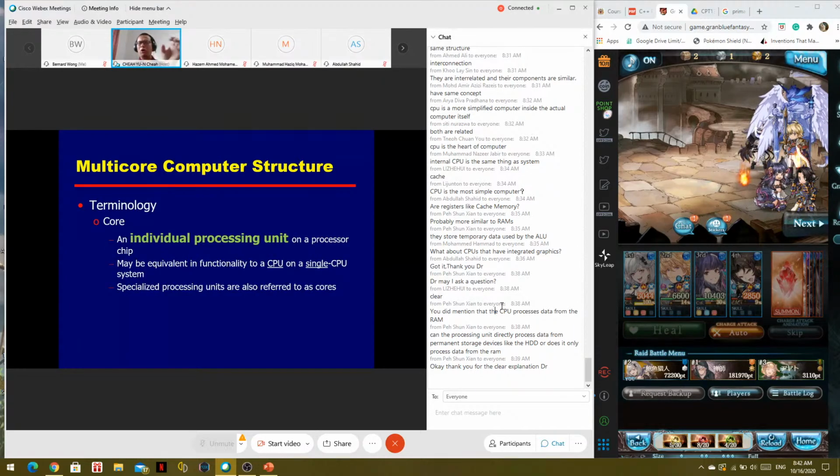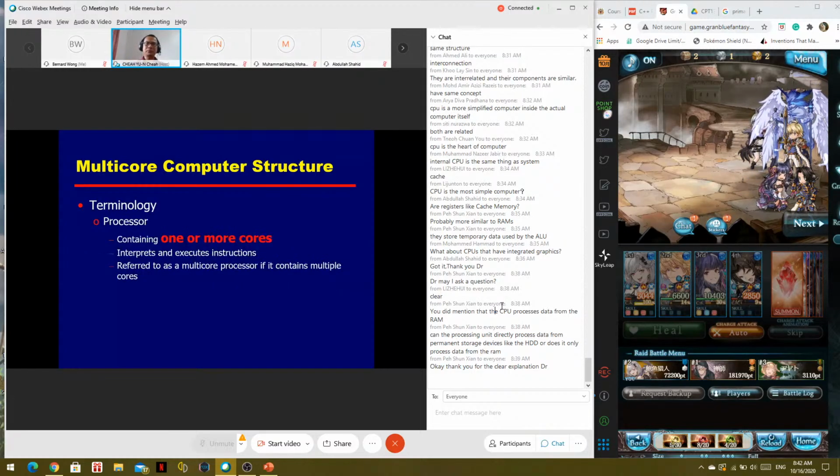Now, what is the core here? The core is the one doing the processing. It is an individual processing unit on the processor, which means your processor might have many processing units, maybe many ALUs. That is referred to as the core.